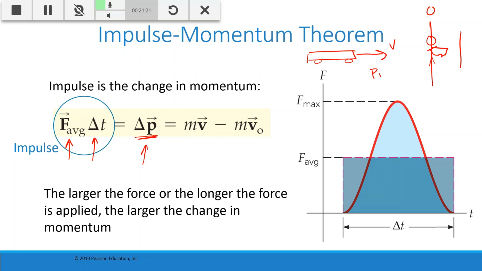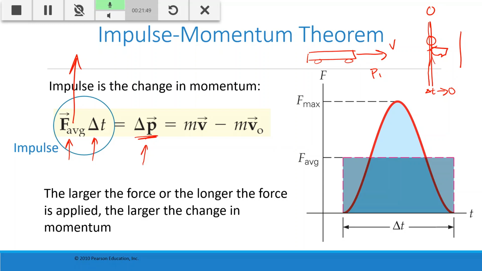The reason is that if that bus comes to a stop in basically a time that approaches zero, then that change in momentum is going to have a very large force in order to cause that change in momentum. That would cause serious injury to everybody involved.